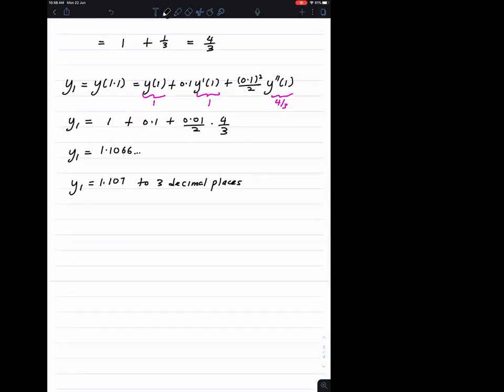So for now we can just say y1, then x1. In this case x1 was x0 plus h, which is 1 plus 0.1. So x1 is 1.1.